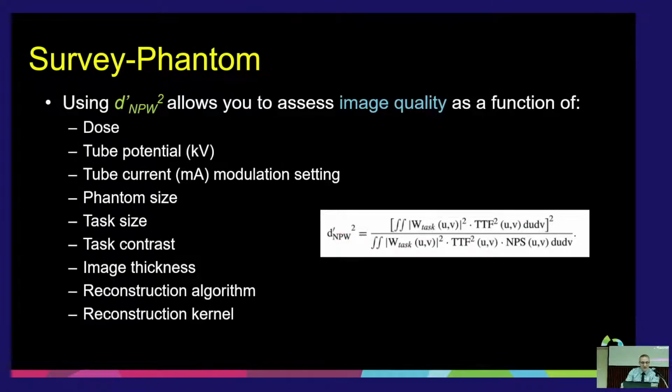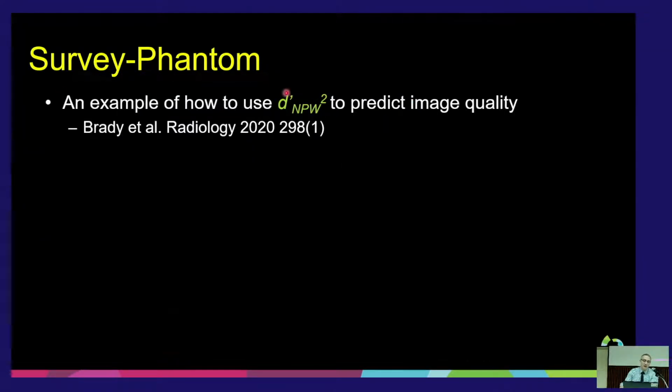And because it's mathematical, a computer can crunch through this in seconds. If I asked Tanya to look at 100 images at different doses, 100 images at different kV, 100, et cetera, she'd smack me. It would be very, very difficult to do that. So the beauty of using math is that it can be used to look at all different variations, and it can be used in a very timely manner.